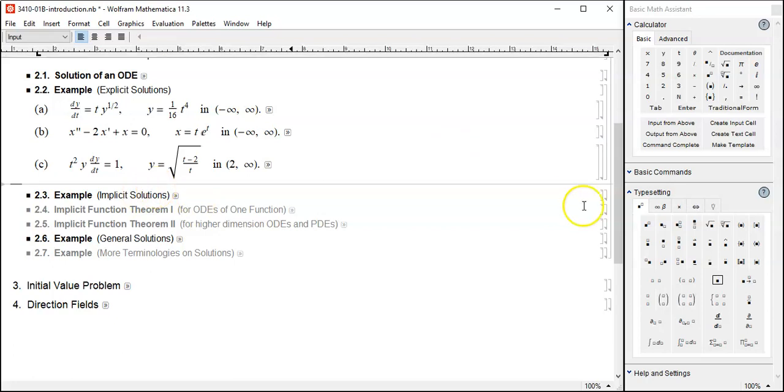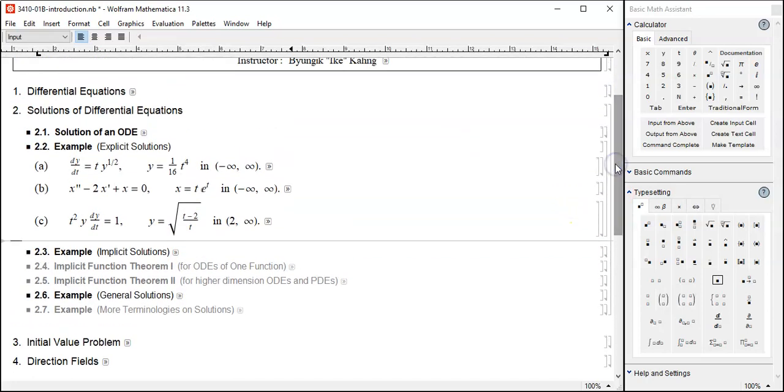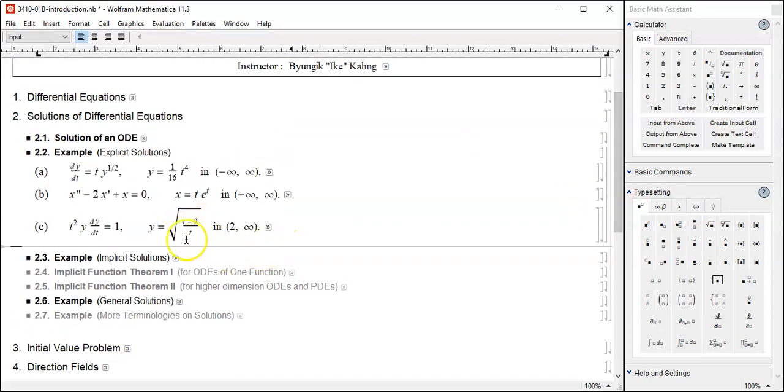How about the next example here? This is a little bit more worthy because unlike the previous example, we have radical here. So this expression is not always valid. When t is greater than 2 in this interval of definition, yes, it makes sense. Also, it'll make sense in negative infinity to 0 as well.